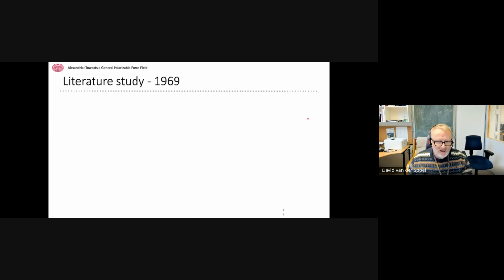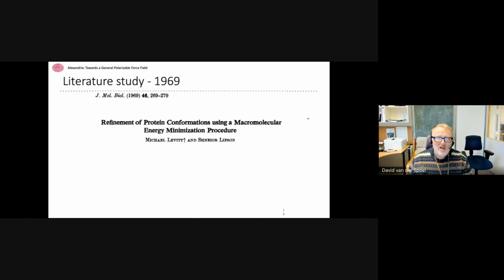But before we get into these kinds of details, I would take you back on a literature study to 1969, and that's a long time ago. It's more than 50 years ago, but the writer of this paper that I'm going to show you is still with us, happily. This is a paper by Michael Levitt, Refinement of Protein Conformations Using a Macromolecular Energy Minimization Procedure.